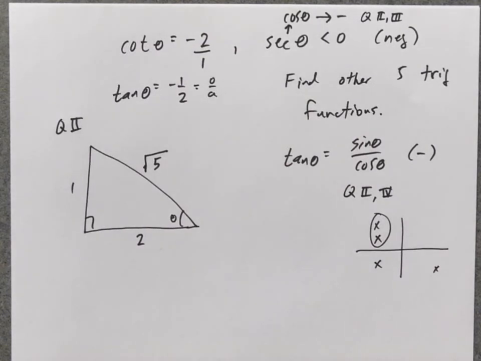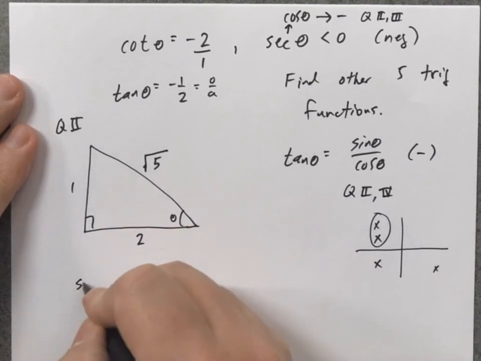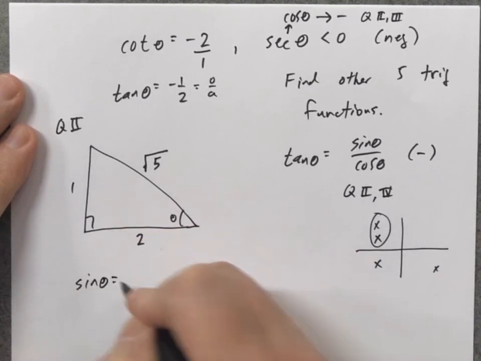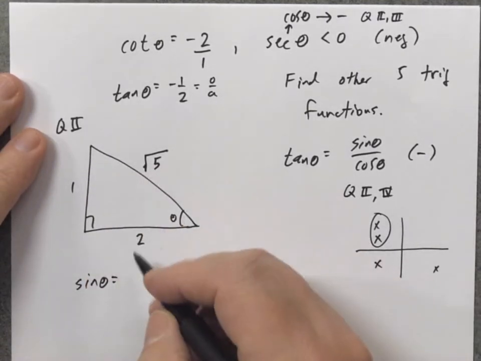So that means now I'm going to start figuring out my trig functions. And I'm going to figure out the number. But after I determine the number, then I can look at the quadrant the angle is in and determine whether it's plus or minus. So let's just do that. Let's just start with sine theta, so opposite over hypotenuse.